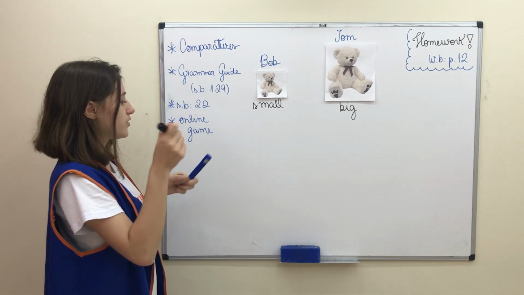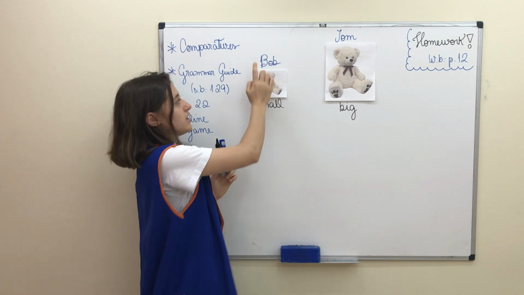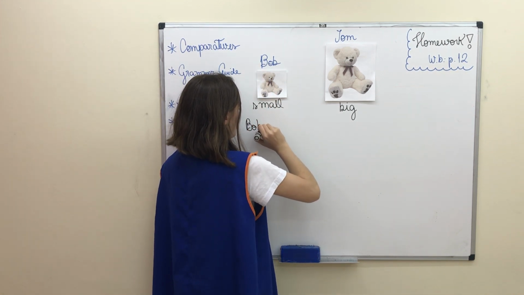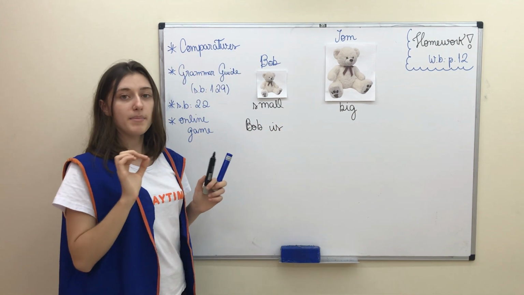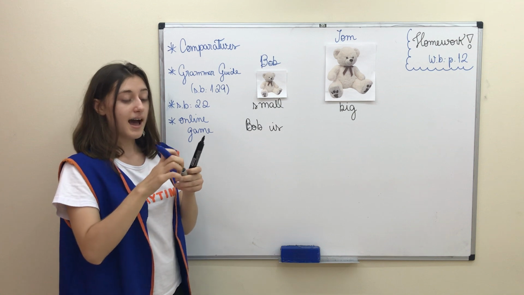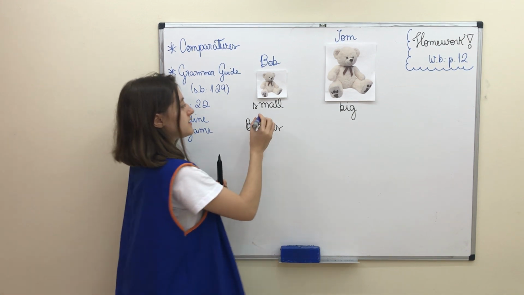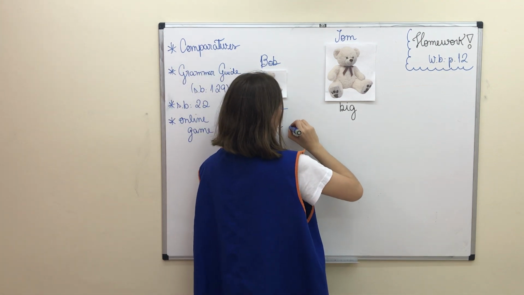So what do we do? First of all, we are going to start with our subject. Okay, so Bob. I'm going to say Bob is. Okay, Bob is. Then I'm going to use my adjective. In this case, is small.